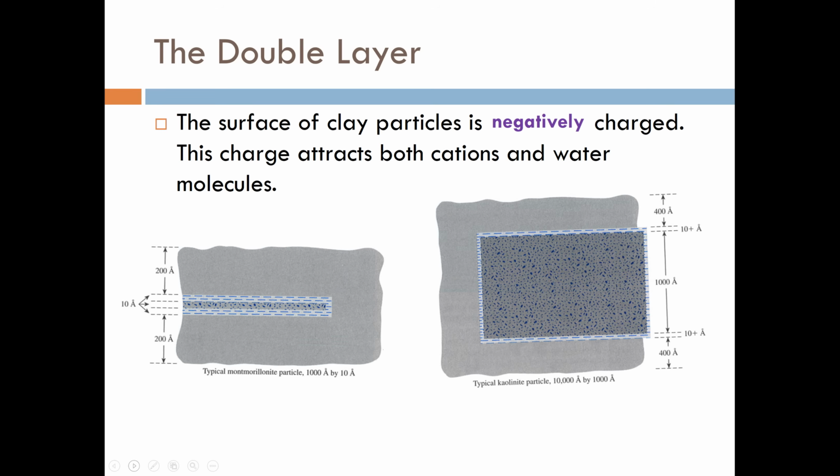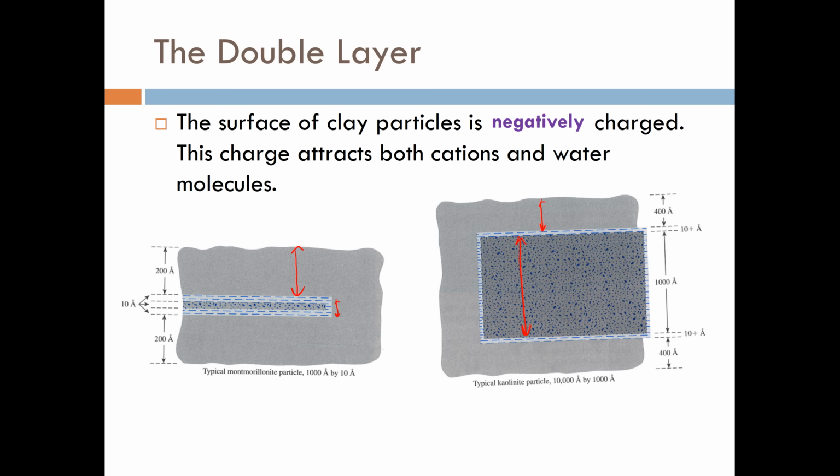So if I have a really thick double layer, but a really thin clay mineral on the inside, you can see that that double layer is really going to govern the behavior of this little clay mineral on the inside. But if I have a relatively thin double layer relative to the thickness of my clay, then the clay particle on the inside is what's going to govern the behavior of the clay.